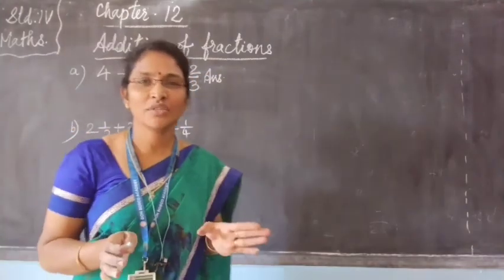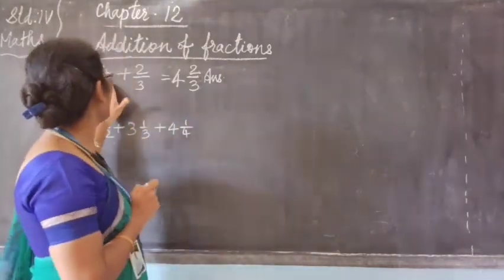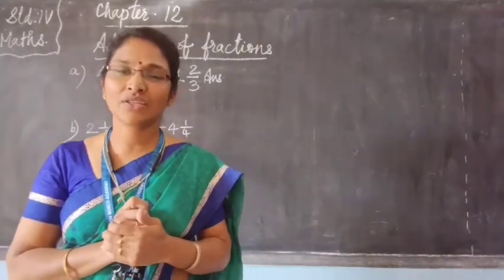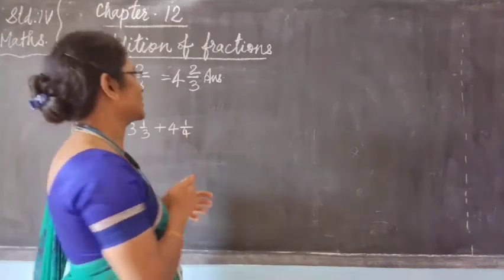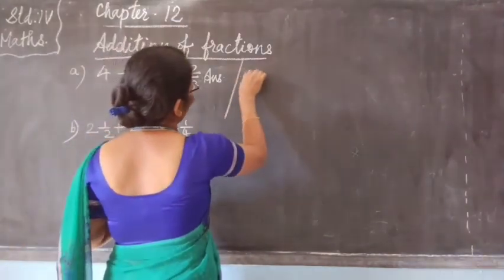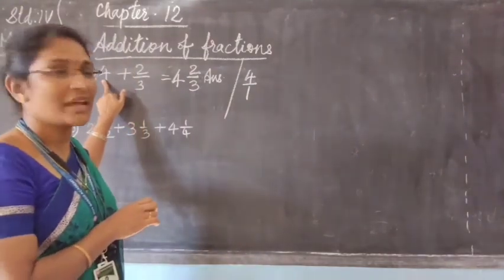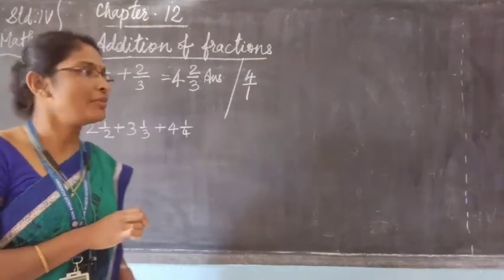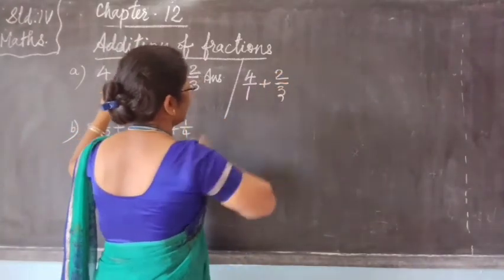If you have any doubts like that, we can do one more method. What is that method? 4 is a whole number. We can make it a fraction by putting 1 as the denominator. Okay? 4 by 1, plus 2 by 3.